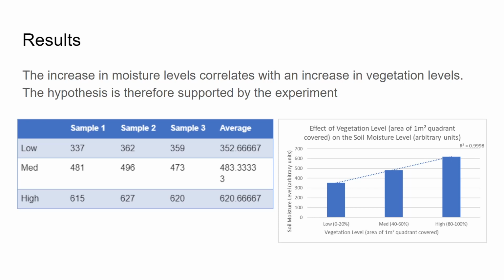We did also notice that this would likely have a problem of correlation and causation, which I'll talk about later, but the r² value of the line between these things is really small, which means it's likely quite accurate. The data here is, by the way, in arbitrary units, which is also another limitation, between 0 and 1200, where 0 is completely dry and 1200 is literally just water and no soil.